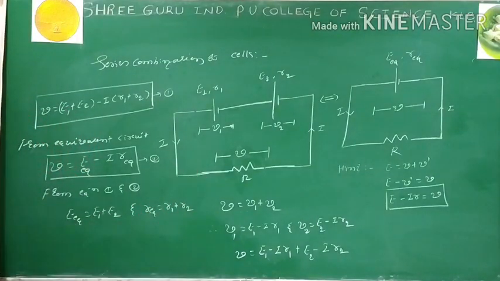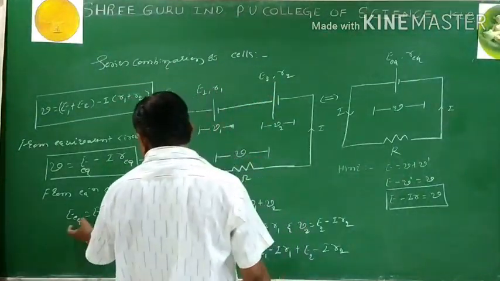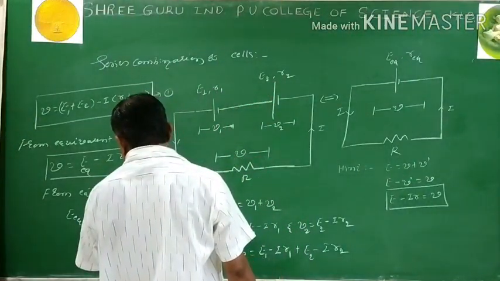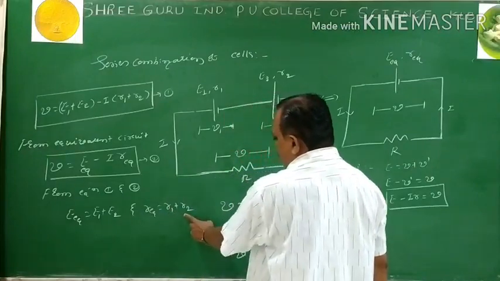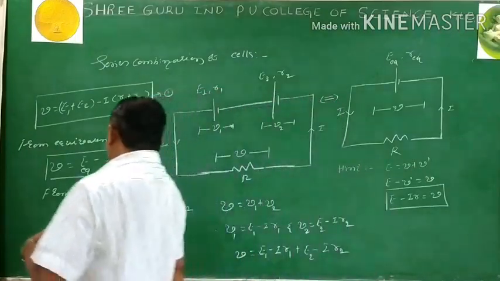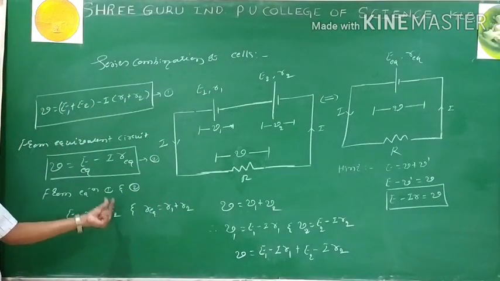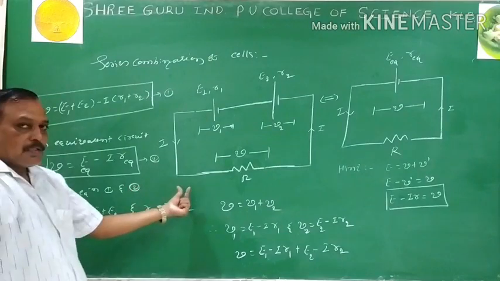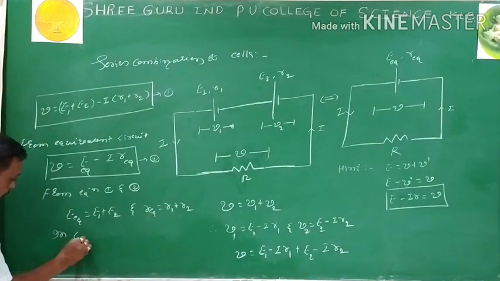This is our equation. By taking two cells in series, the equivalent EMF equals the sum of the EMFs of the individual cells, E1 plus E2, and R equivalent equals the sum of their internal resistances R1 and R2. So if I take three cells, then E equivalent equals E1 plus E2 plus E3, and R equivalent equals R1 plus R2 plus R3. So I make the general equation in general.